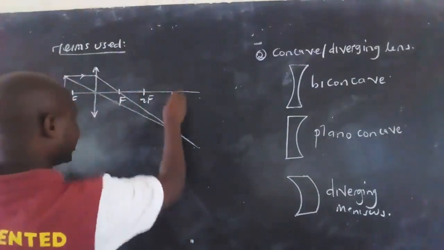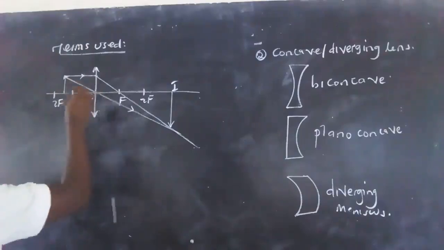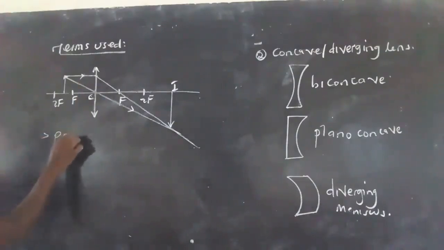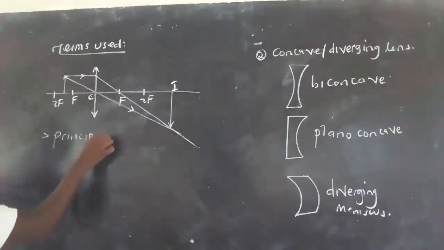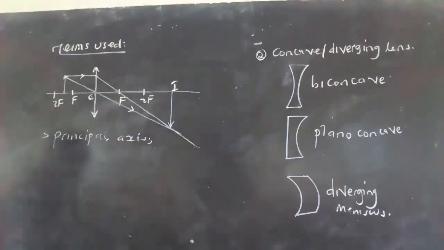This is image I. That's C. Terms used: 1. Principal axis.